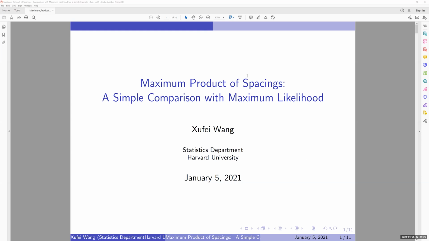Thanks for the introduction about why we are working on this maximum product of spacing problem. So the topic of today for me is to compare this maximum product of spacing with the maximum likelihood, which we always use in our research, or even like the starting point of our statistics knowledge, and to illustrate their difference and some implications that we can get by a very simple example.